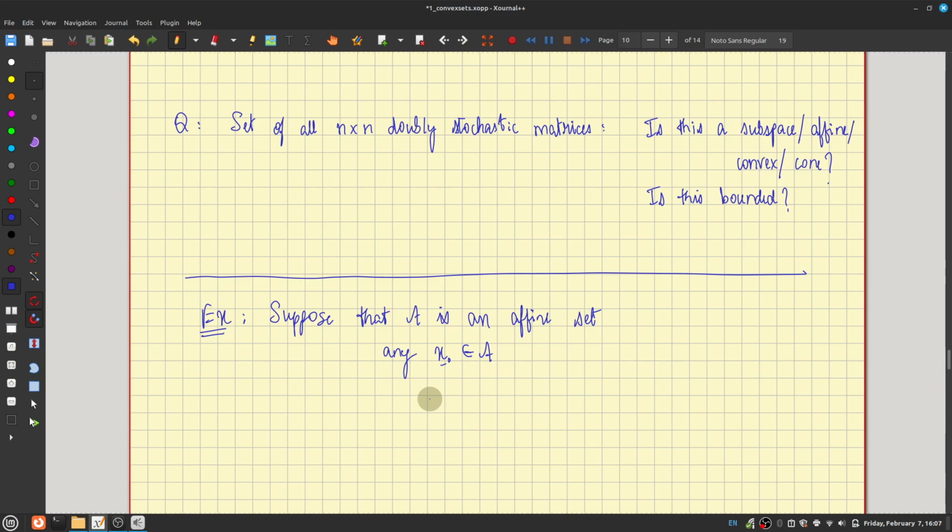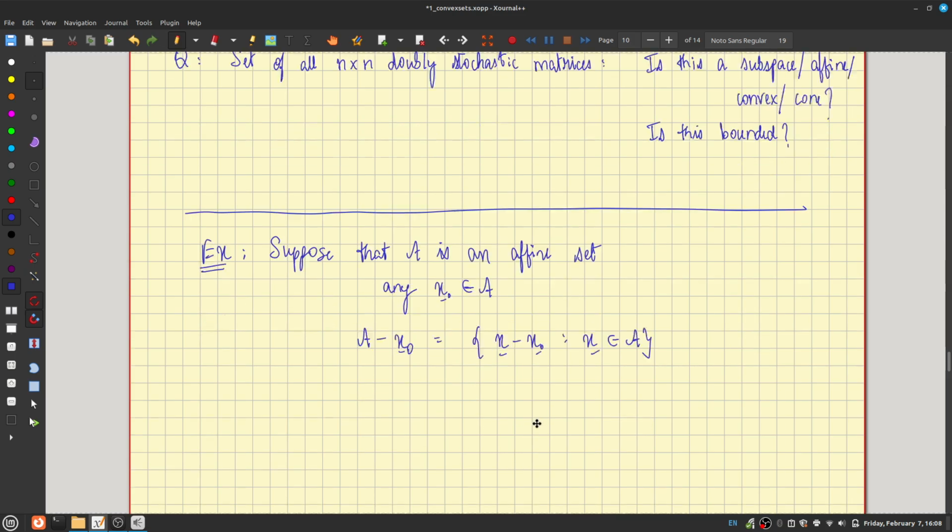Using this set and this point, you construct the following set, which is the set of all x minus x naught, such that x is in A. You basically take this point x naught and you shift the whole set by minus x naught.